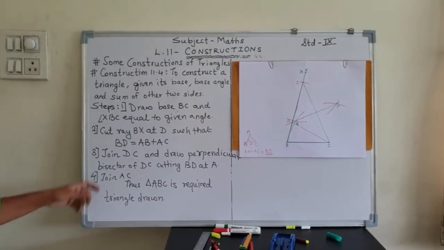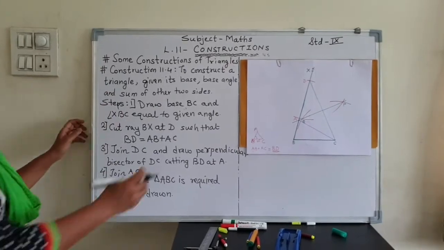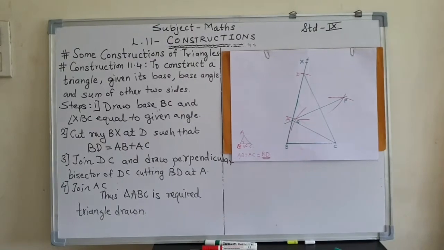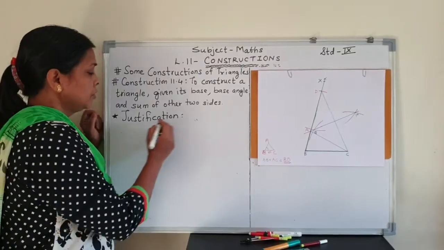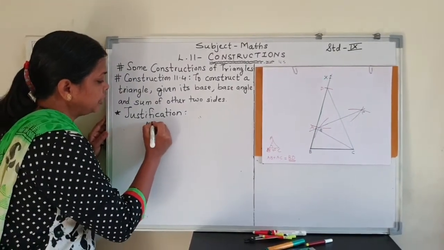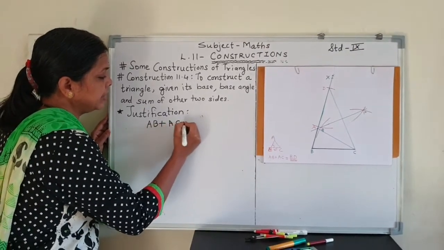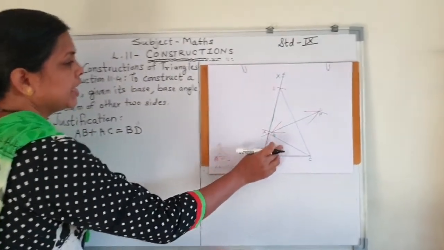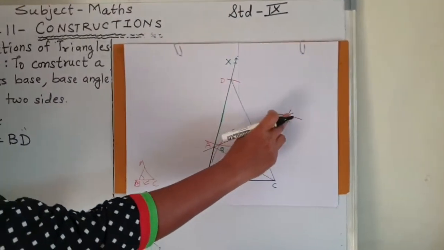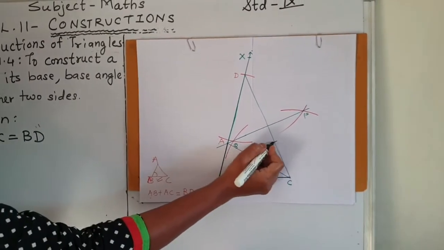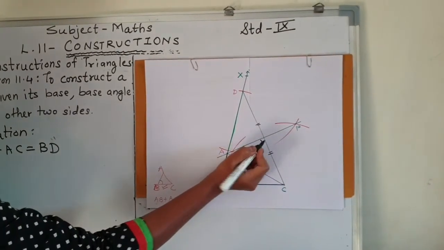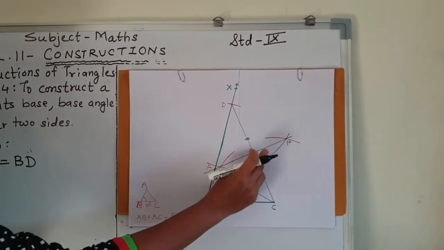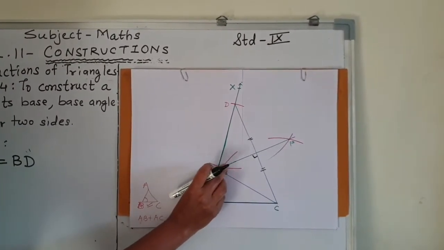So write these steps. We are going on to the justification of this construction. In the justification, we are going to show that AB plus AC is equal to BD. In the construction we have drawn PQ, the perpendicular bisector of CD, and point A lies on this PQ.